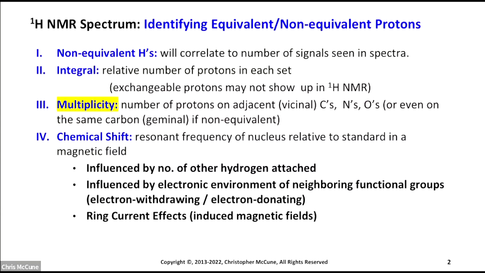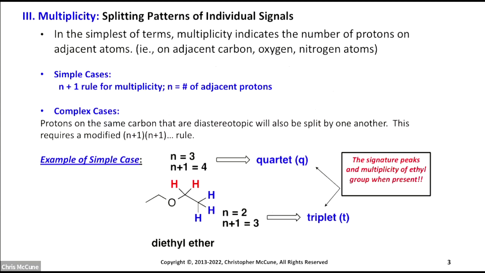All right, so multiplicity is the number of protons on adjacent atoms, which are vicinal carbons, nitrogens, oxygens, or even on the same carbon, which are geminal, if they're non-equivalent. In the simplest of terms, multiplicity indicates the number of protons on adjacent atoms.